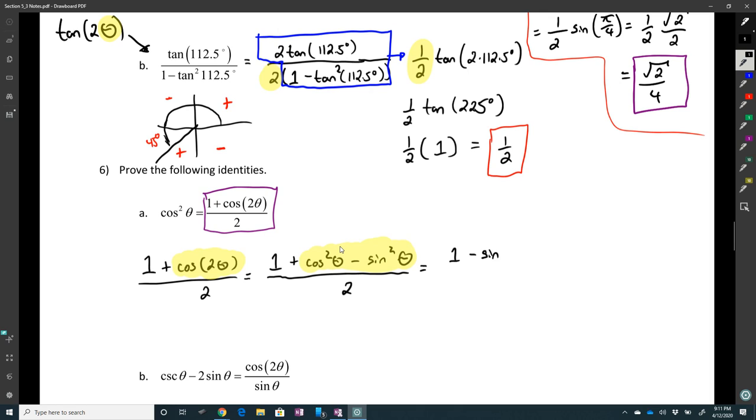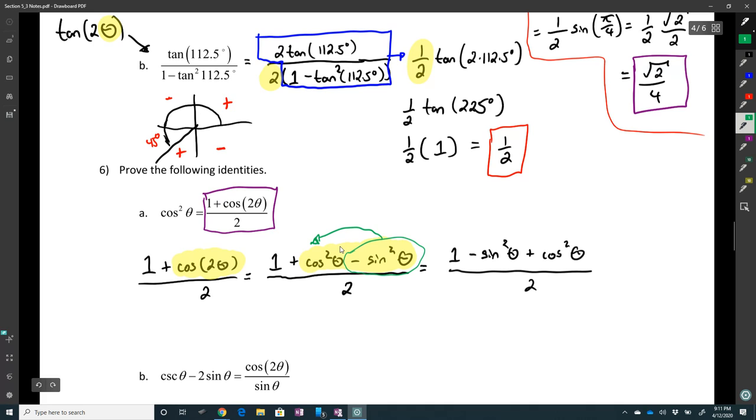I have 1 minus sine squared theta plus cosine squared theta. So I just changed the order. So I just wrote this over here. And when you move it, be sure to move the negative sign in front of it too.